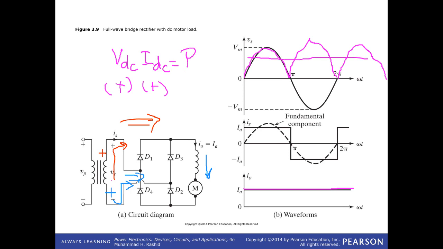So all the time energy is in this direction, from left side to the right side, input. There's no change. If voltage becomes reversed, current also reversed. Okay? So let's continue our course now.